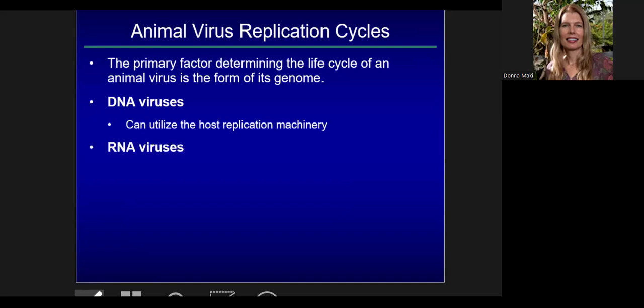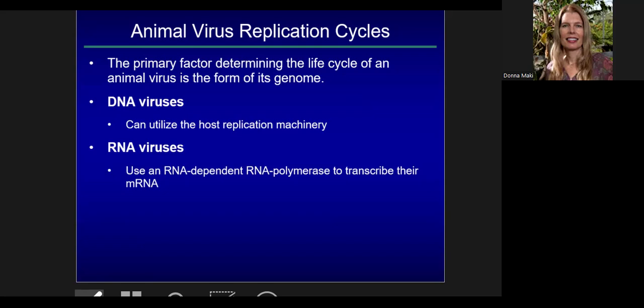RNA viruses, on the other hand, are more challenging, of course, because they have to get some DNA made, or they can use their RNA-dependent RNA polymerases to make their RNA. So the main point here is that DNA viruses have it the simplest when you think about infecting animal cells.